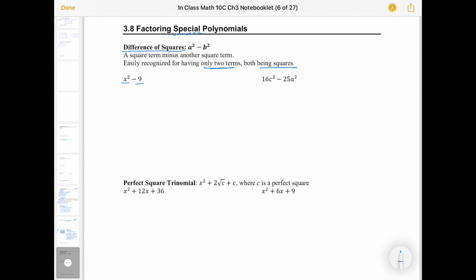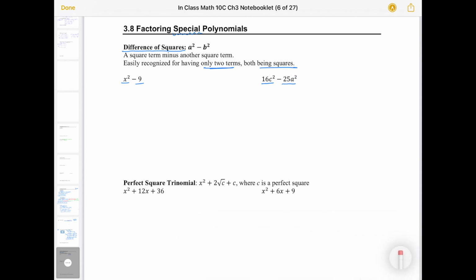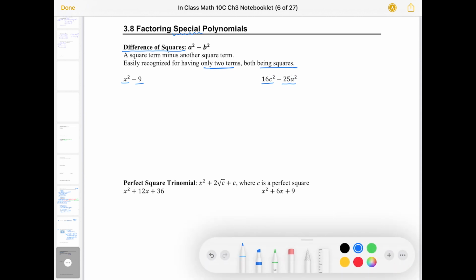This other example too, 16c squared minus 25a squared, is also a difference of squares. 16 is a square number, 25 is a square number, and c squared and a squared are square letters, I suppose we could say. And of course, the difference section, they are being subtracted.